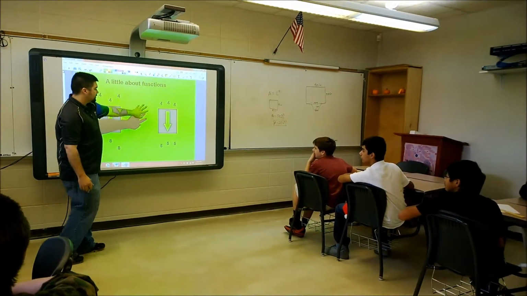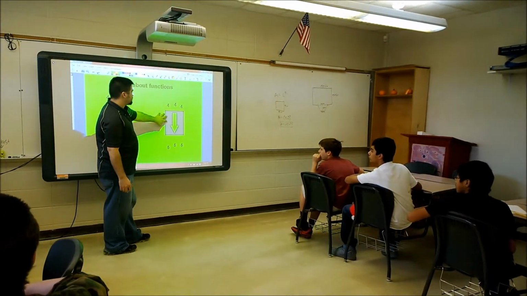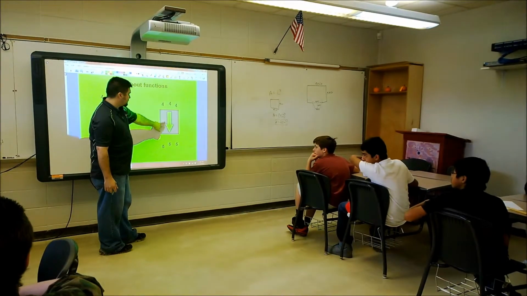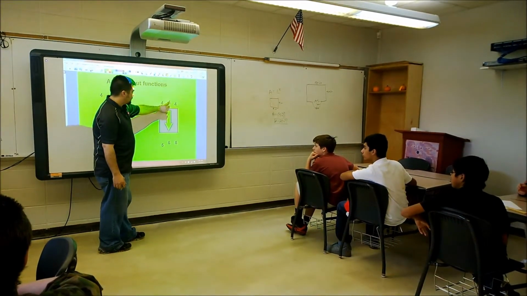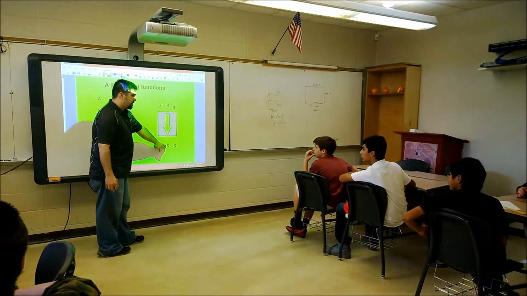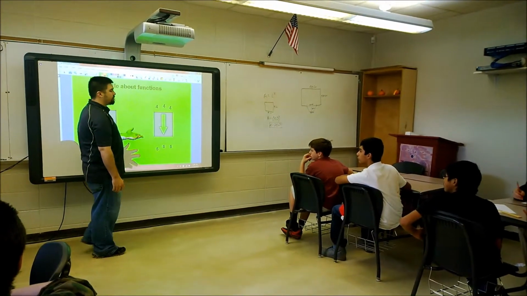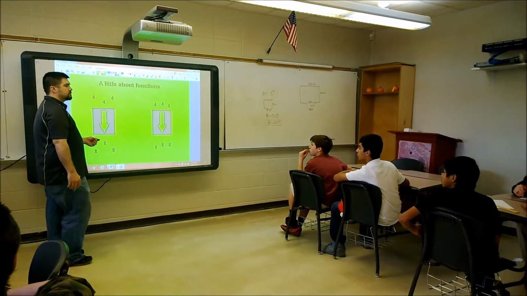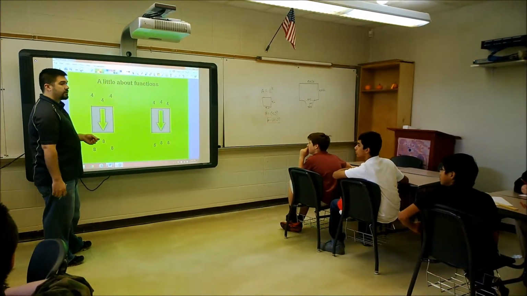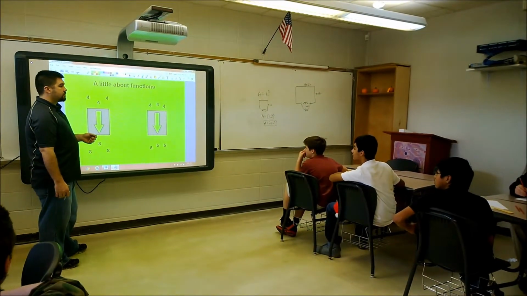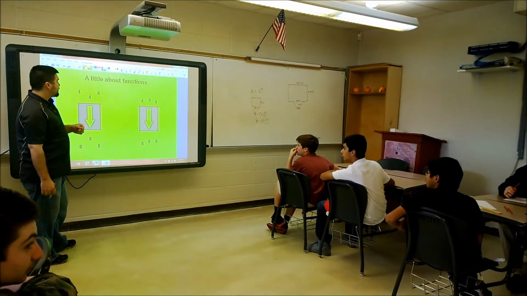Over here, this is another example of a function. A 4 goes in, and a 5 comes out. What could be happening in this function? Plus 2 minus 1. Could be. Anything else? Plus 1. Very possible.